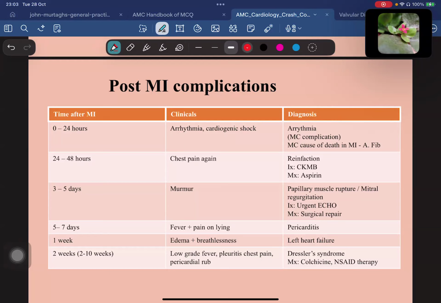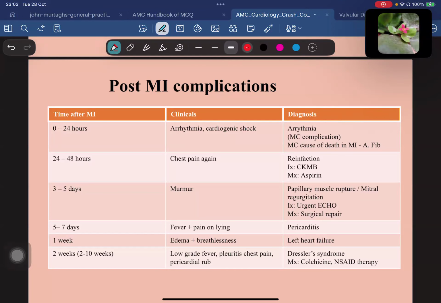You have to do an urgent echo, and the management would be surgical repair. Let's say it's 5 to 7 days after, and the patient has fever and pain on lying down. It could be pericarditis. We'll talk about pericarditis at the very end of today's discussion.